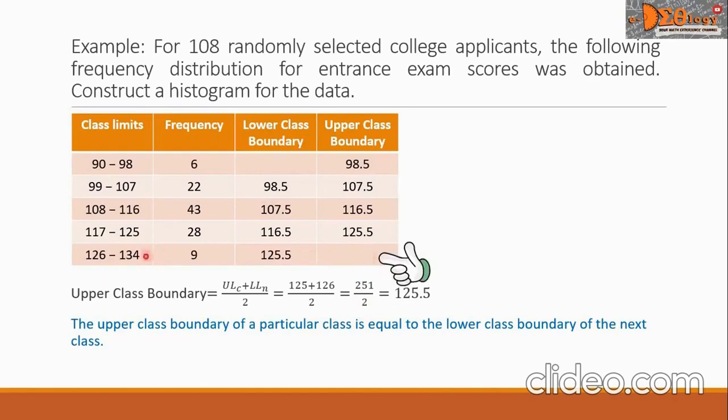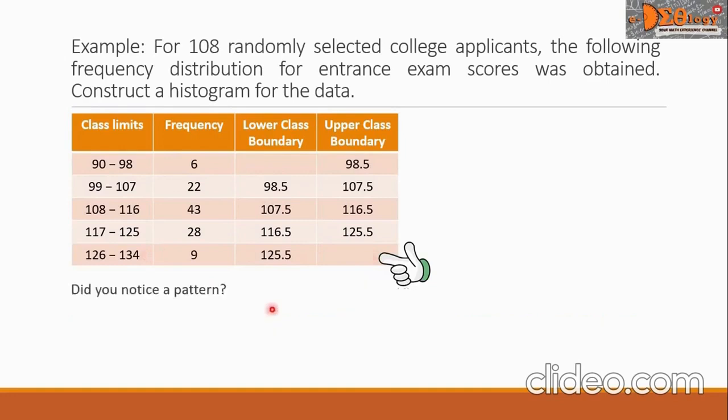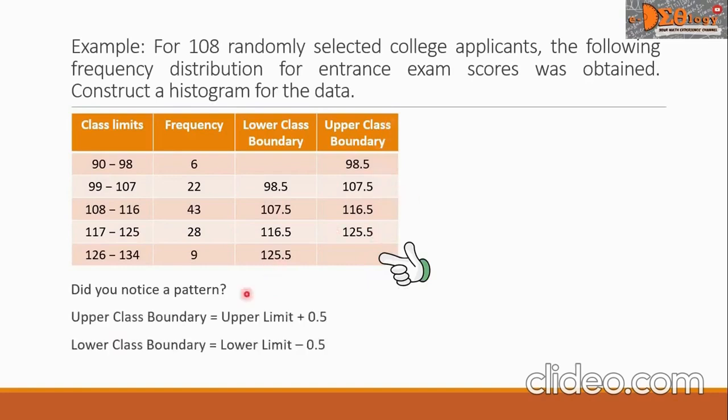We may use our same formula here. But did you notice a pattern here? Looking at the upper class boundary, it seems that the upper class boundary is equal to upper limit plus 0.5. Look at this 98.5. We can see that the upper limit is 98 and this is 98.5.